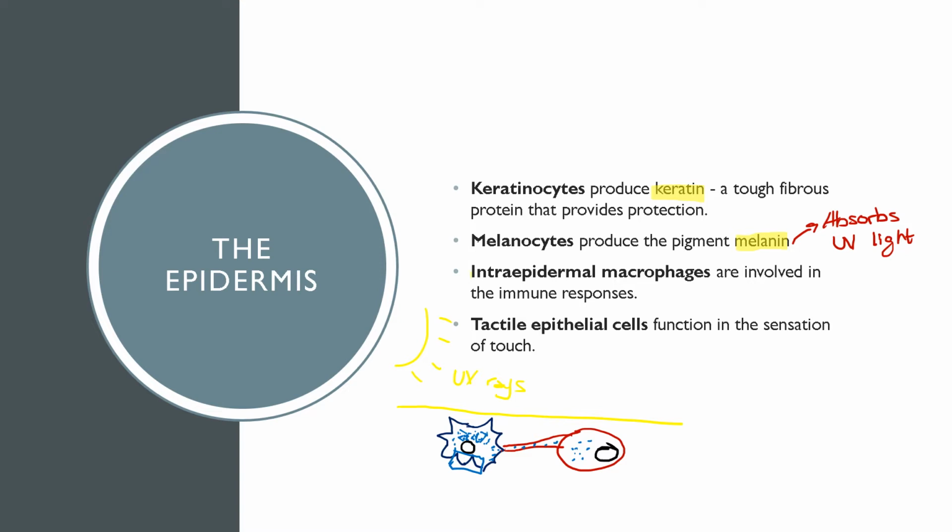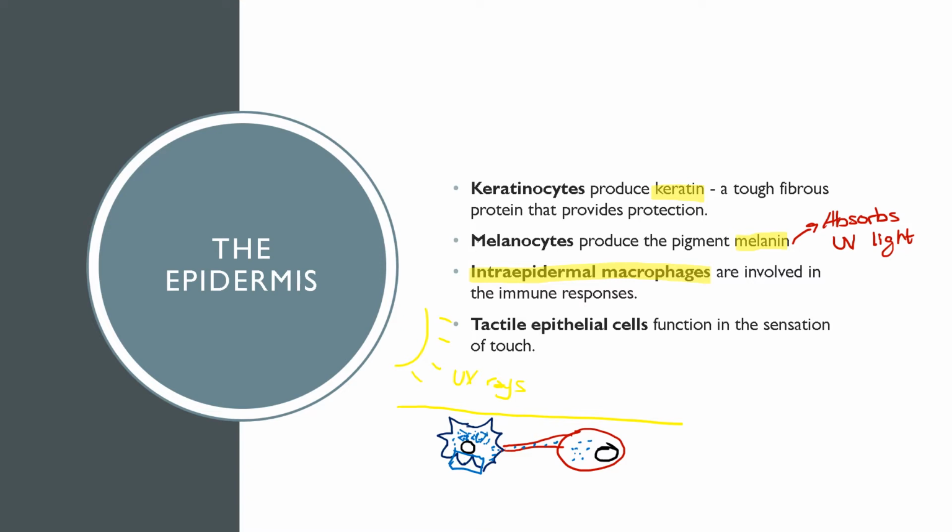Okay, next we have these intraepidermal macrophages. Just very briefly, these come from red bone marrow, and they migrate to the epidermis, where again they contribute a very small portion of the epidermal cells. Like I said, the intraepidermal macrophages participate in the immune responses mounted against microbes that invade the skin.